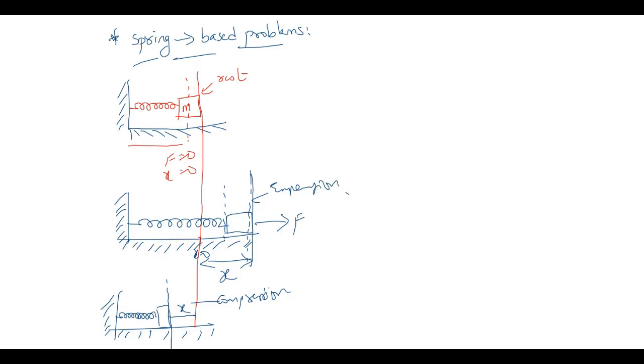Now how much distance is displaced is based on the force what we applied. Therefore force is directly proportional to the displacement. Yes or no? Force is directly proportional to the displacement. But force is in this direction, displacement is in opposite direction. Yes or no?